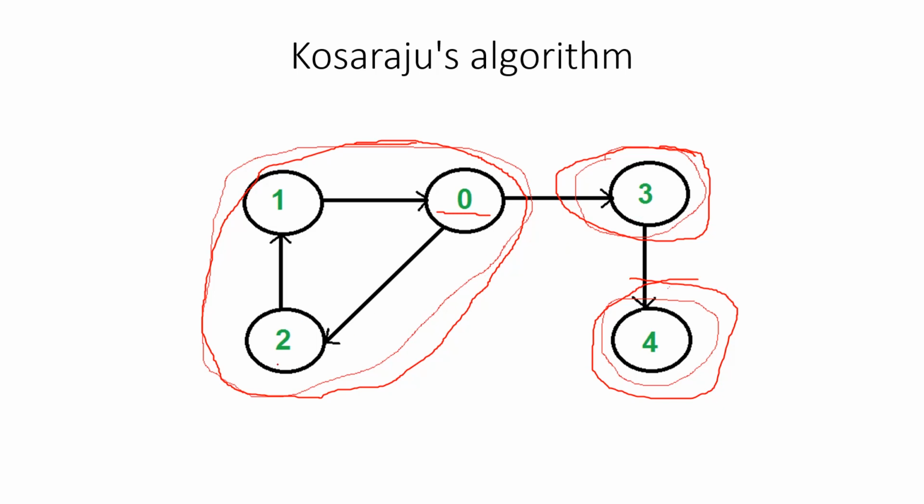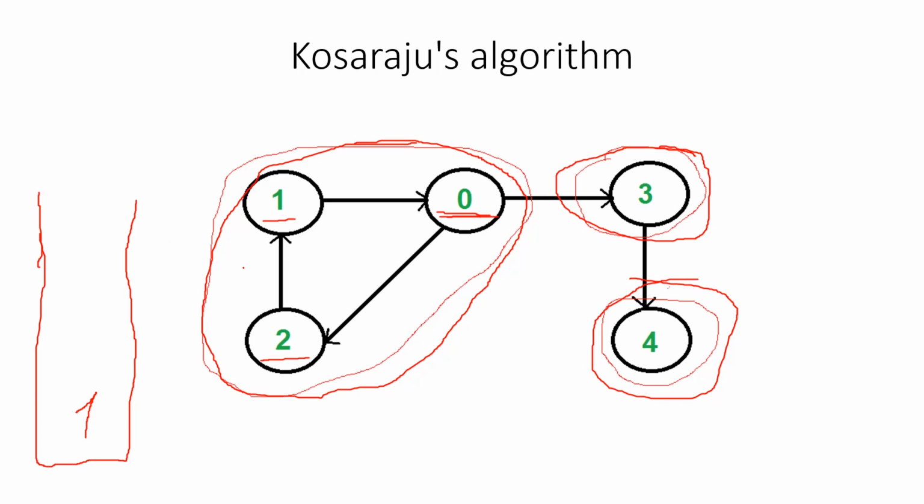Let's say that we go to 2. We are doing DFS actually. DFS goes to 2, from 2 to 1, right? Then it goes back to 0, but 0 is already discovered, so we put 1 into the stack. So let's say this is a stack.